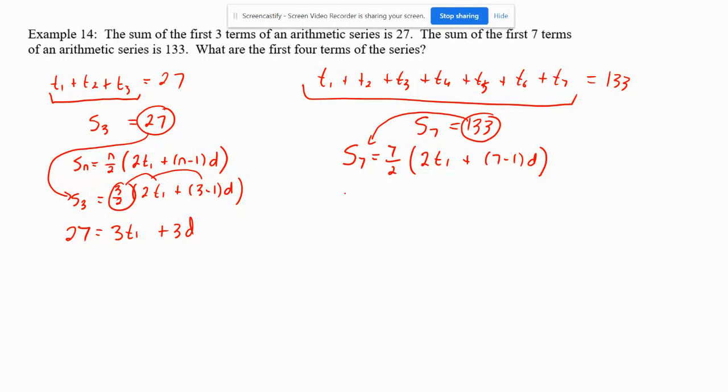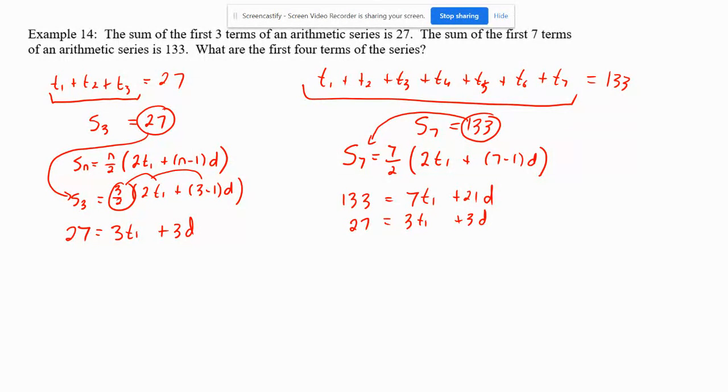So I'm going to make this substitution here. 7 over 2 times 2t1 is 7t1. 7 minus 1 is 6. 6 times 7 is 42. Divided by 2 is 21d. Okay, so now we have this equation. Now guys, what I'm going to do here is arrange these 2 equations and stack them over top. And now what we have is a system of equations that we need to solve.